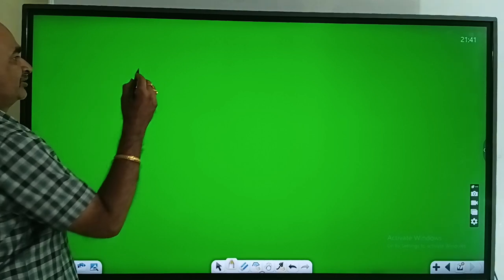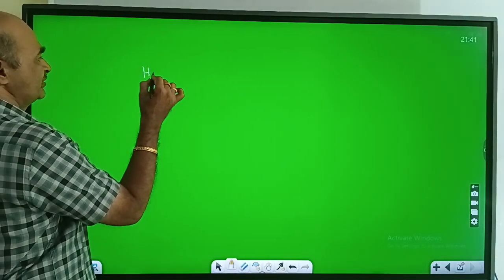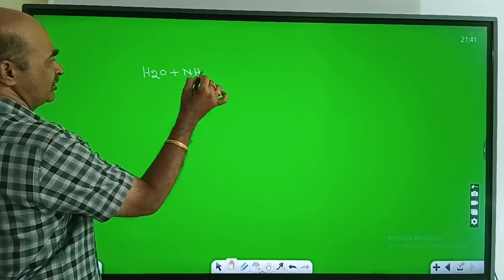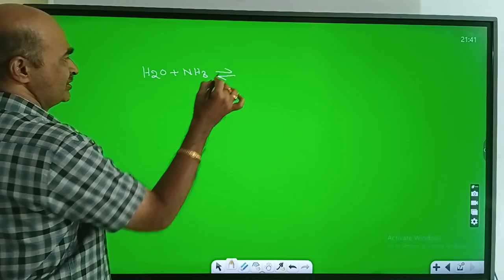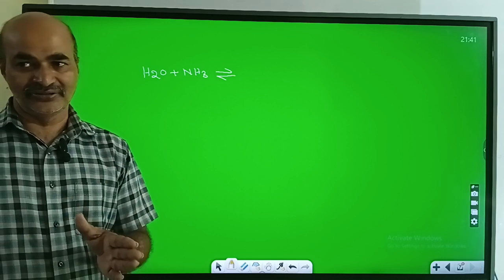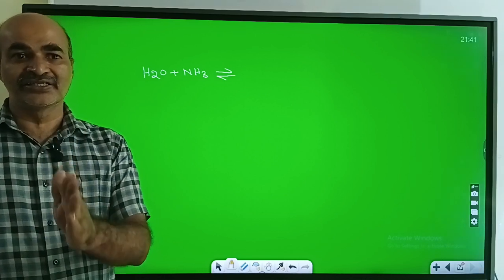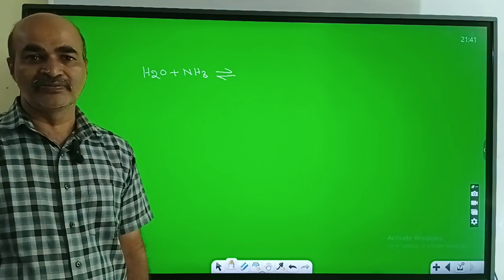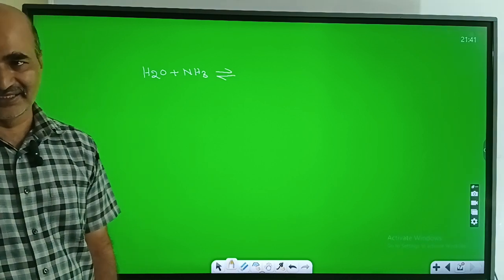reaction is water reacts with ammonia. This is an acid-base reaction. In this reaction, H2O gives H plus ion. The substance which gives H plus ion is called an acid.